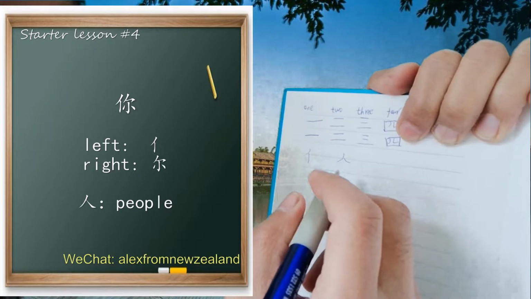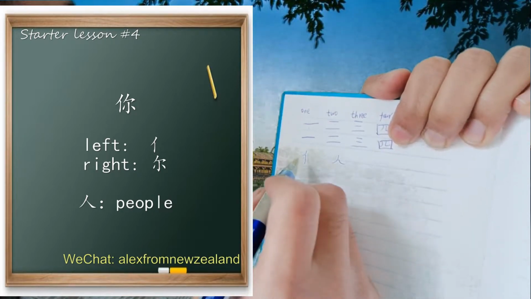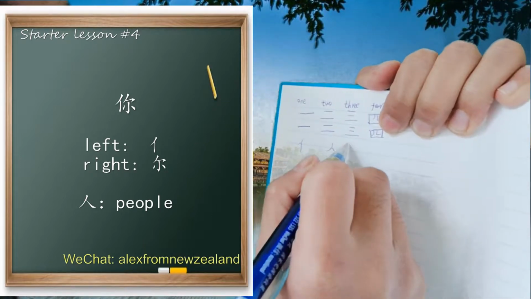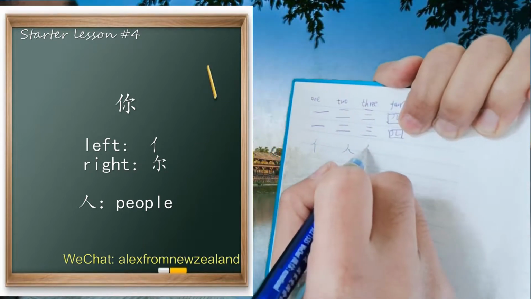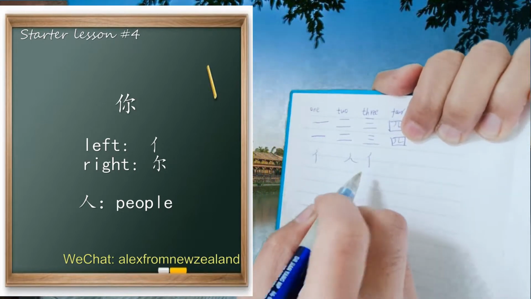Okay, 人. So, 人字旁, the 人 component is like this one. And a vertical line. Okay, this is called 人字旁.